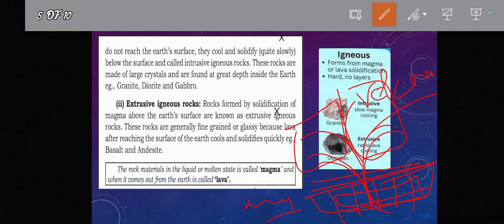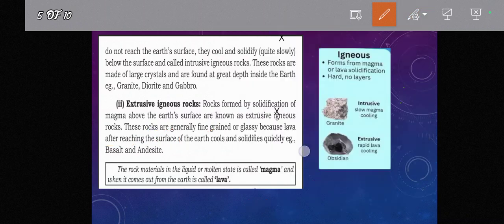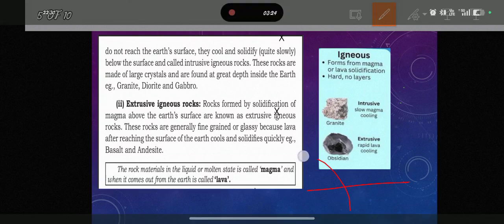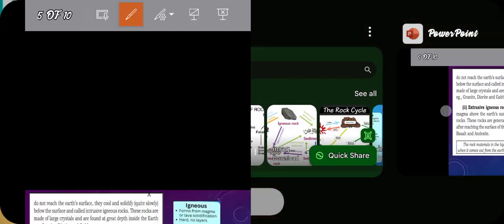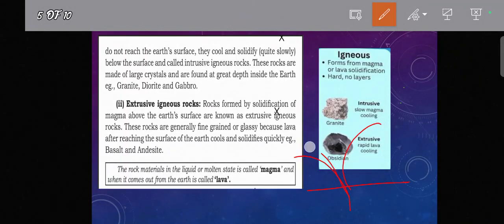Extrusive rocks generally have a glassy texture, because lava, after reaching the surface, cools there.